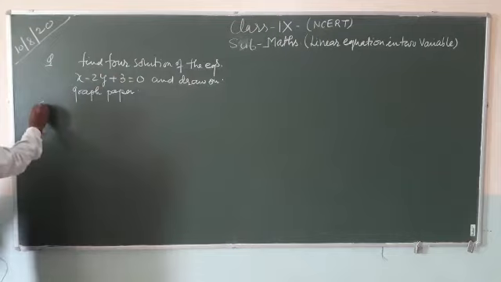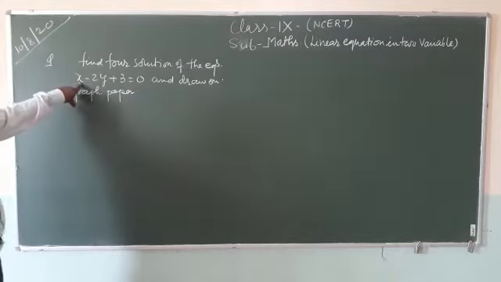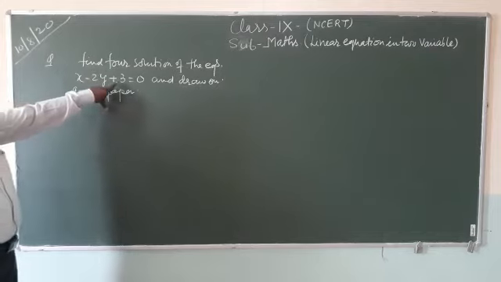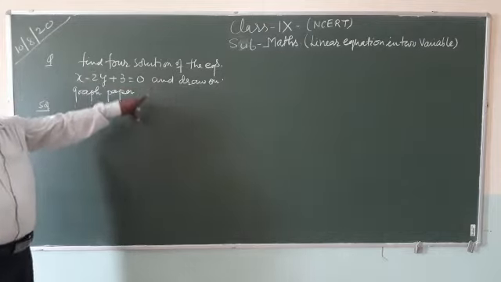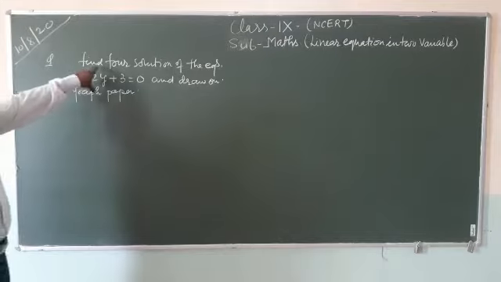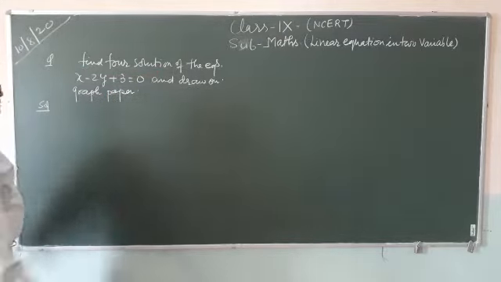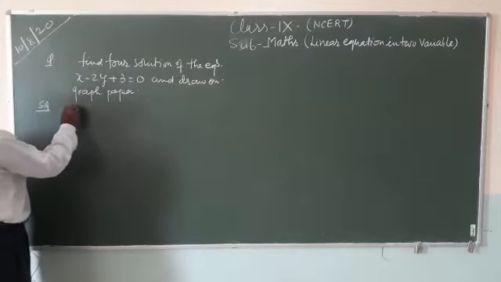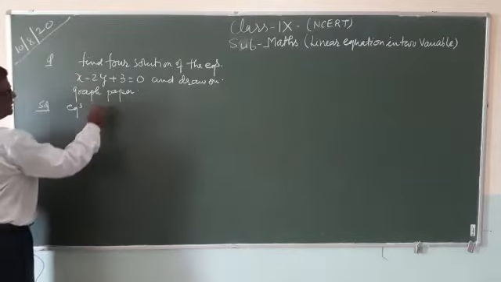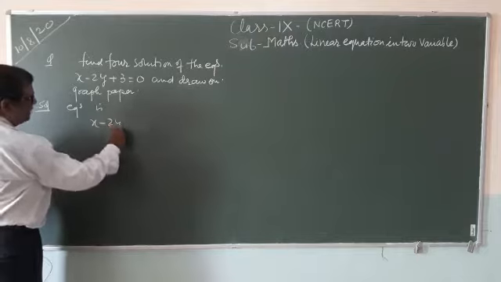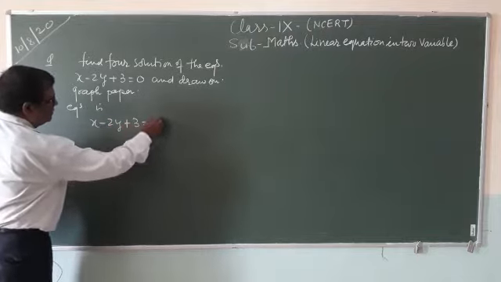First of all, we look here: this equation is in the form ax plus by plus c is equal to 0. The question is to find 4 solutions of the equation x minus 2y plus 3 is equal to 0.